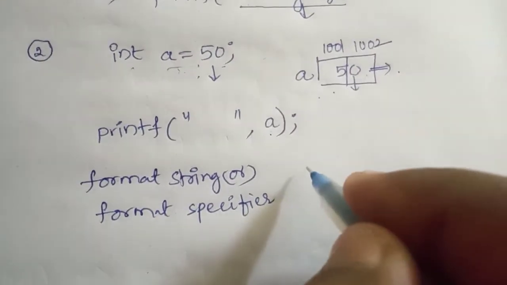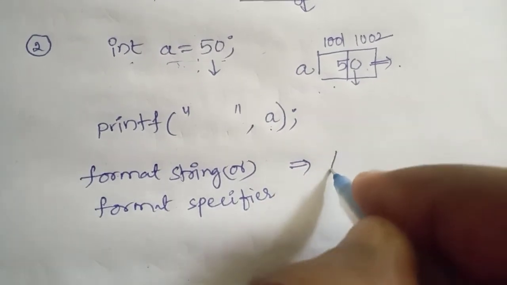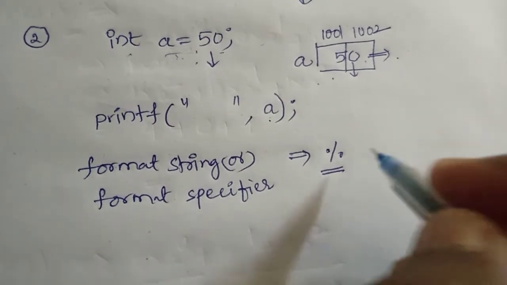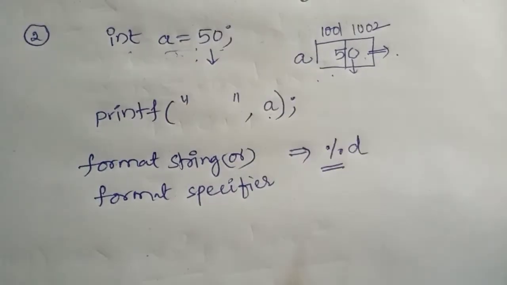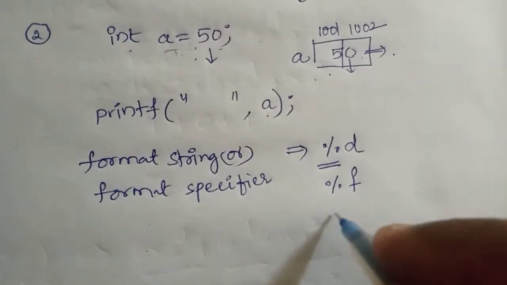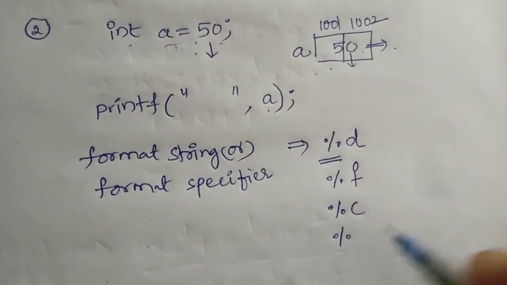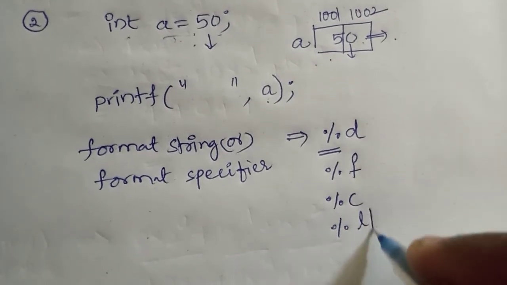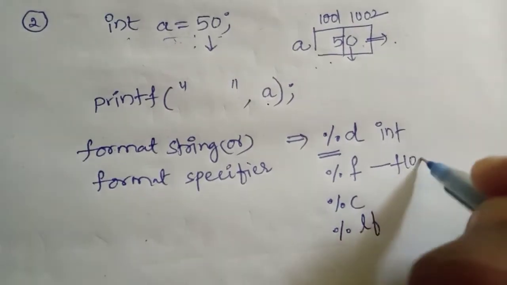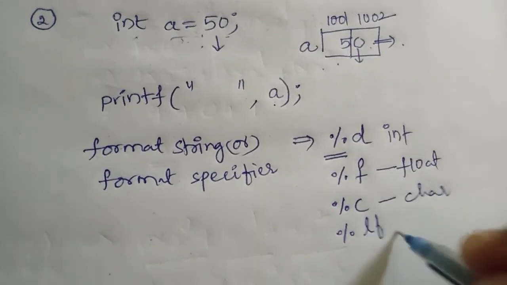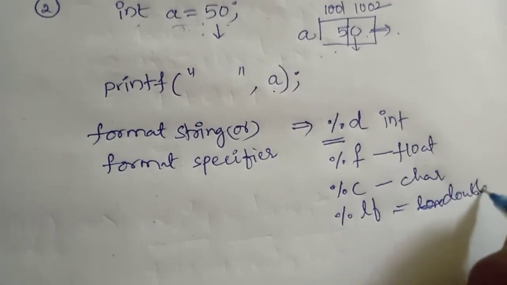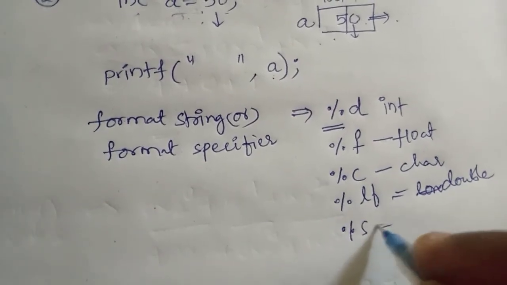It is preceded with a percentage symbol. To represent an integer value, we use the %d format specifier. For a float value, we use %f. Next %c, %lf. So %d for integer, %f for float, %c for character, %lf for long float or double, and %s for string.